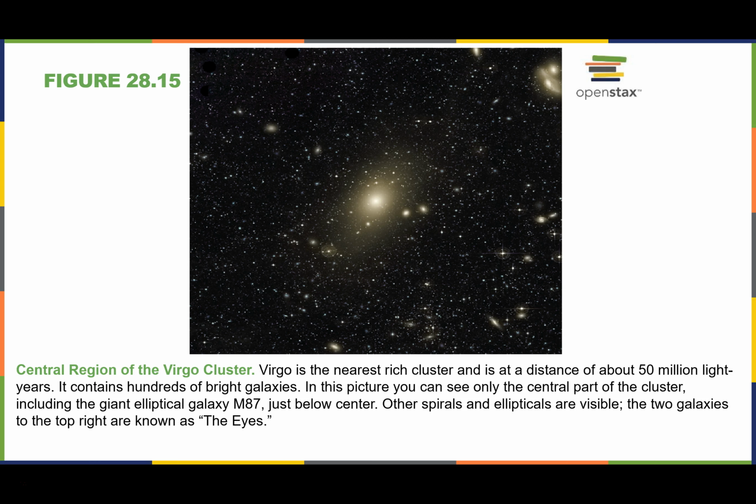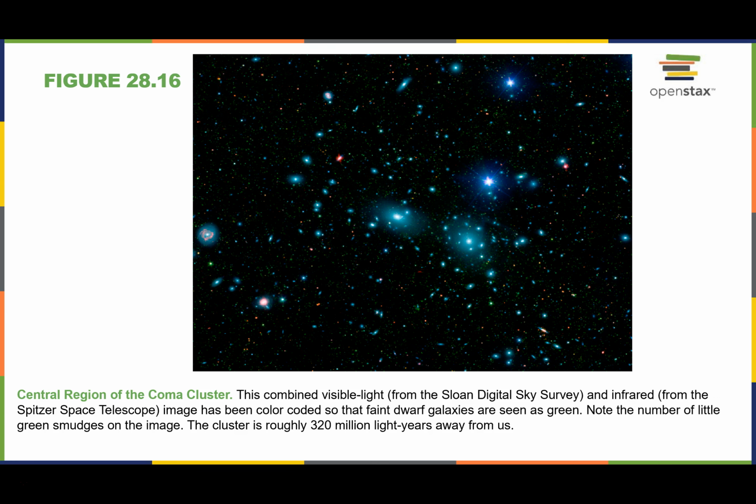This is another cluster of galaxies, and in the next section we're going to talk about interacting galaxies. These are called the Eyes. These are not things I would see on a regular basis with my telescope.